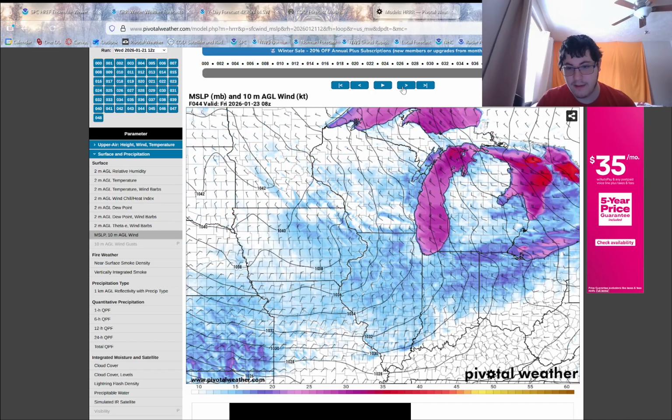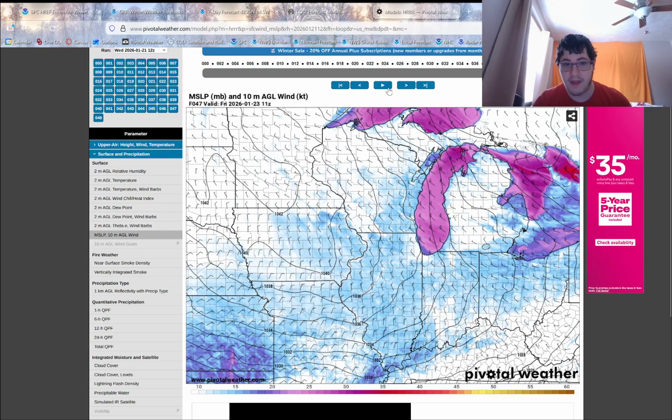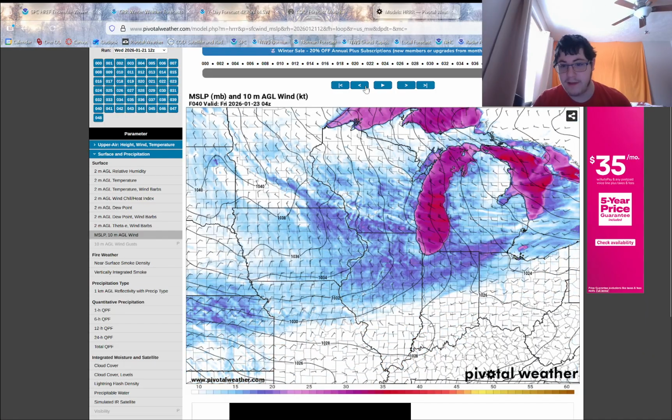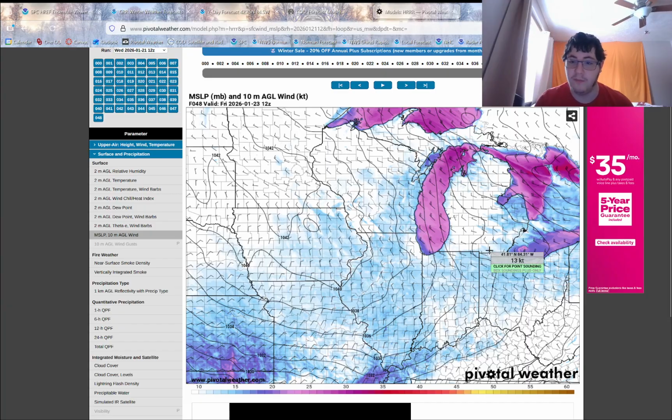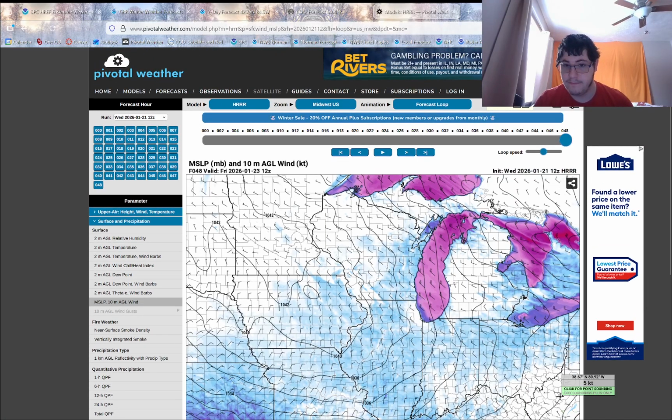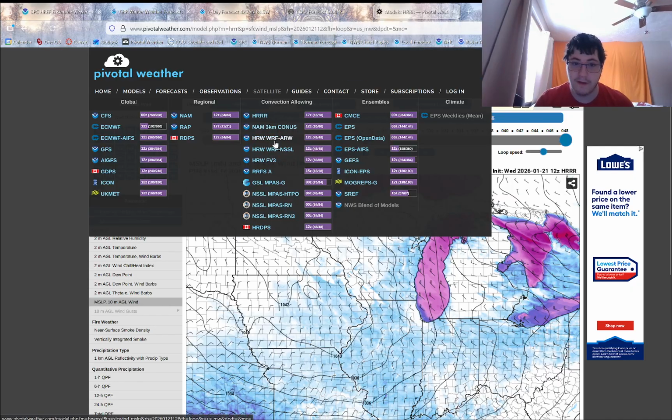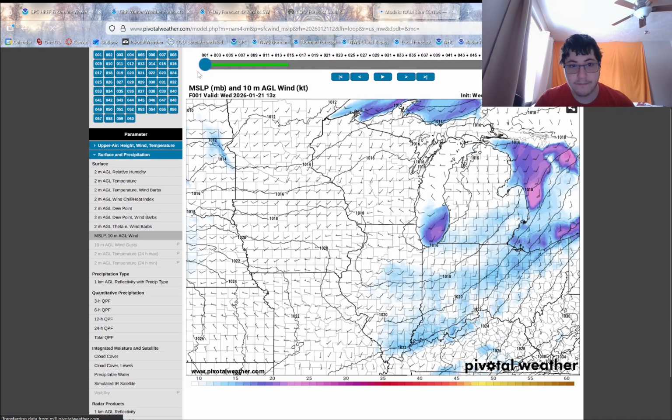Then it looks like things calm down a bit, maybe closer to around 10 to 15 miles per hour as we head into the overnight. And then as we head into Friday morning, things tend to calm down. And keep in mind, again, these are more of the sustained winds.